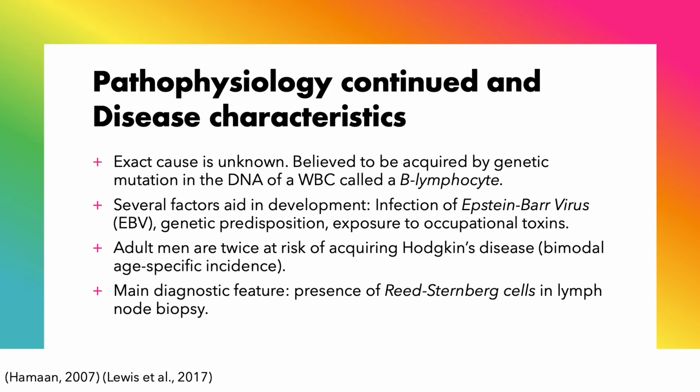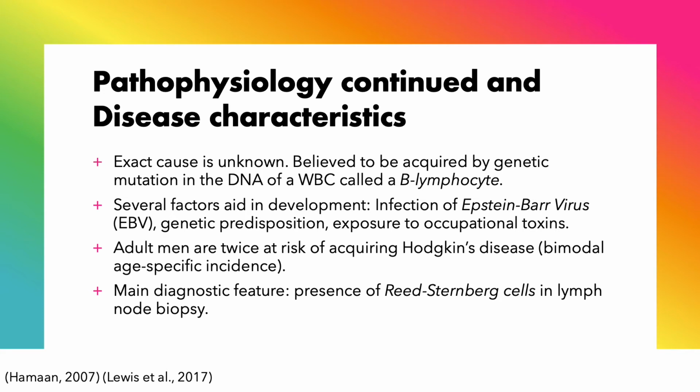Adult men are twice at risk of acquiring Hodgkin's disease, making it a bimodal age-specific incidence. And to further go on that, this disease is most commonly seen in people aged between 15 and 40 years old. Average age is about 30 to 32.